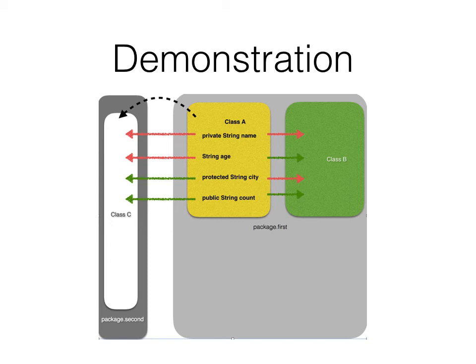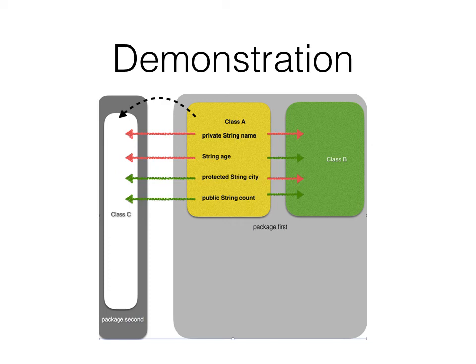Now, based on our scope discussion, we said that any variable marked private inside a class belongs to that specific class, not outside.